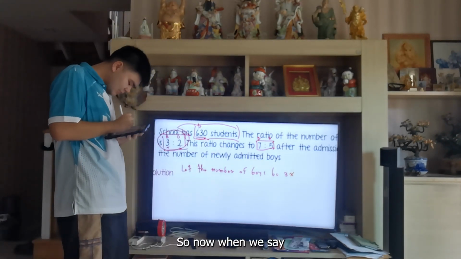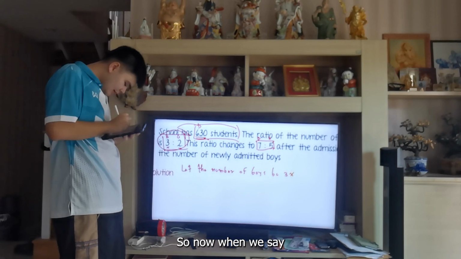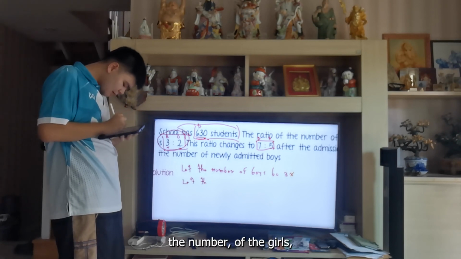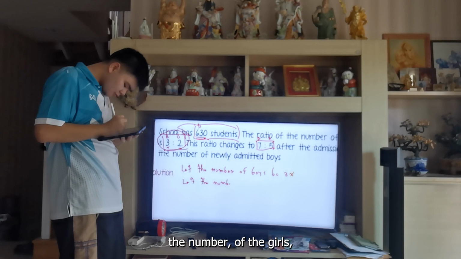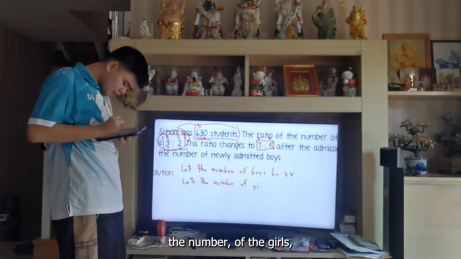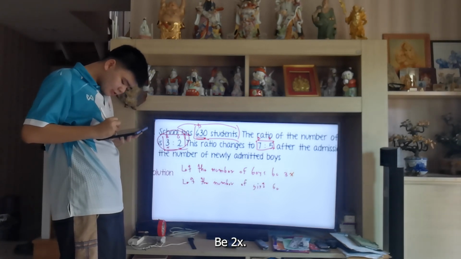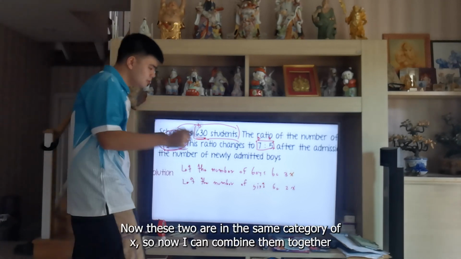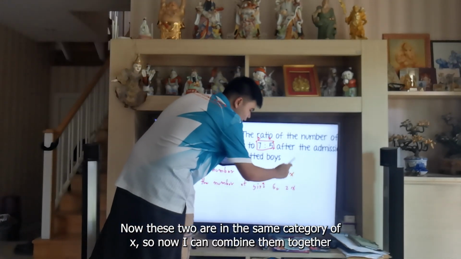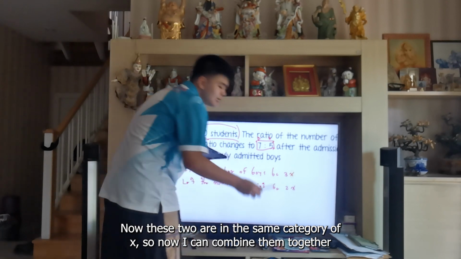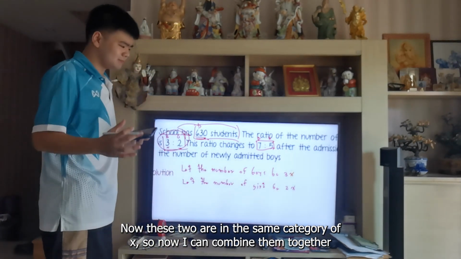So now, let the number of girls be 2x. Now, these two are in the same category of x, so I can combine them together.